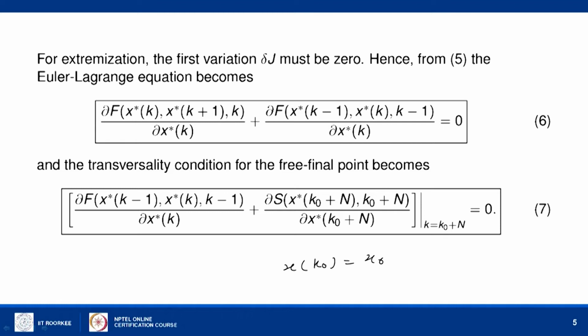For example, we will consider the following. So, example, we will say minimize J of k, which is given by x square of 3 plus summation k varies from 0 to 2 of x of k into x of k plus 1 plus x square of k plus 1.